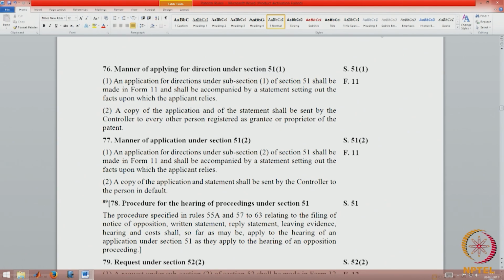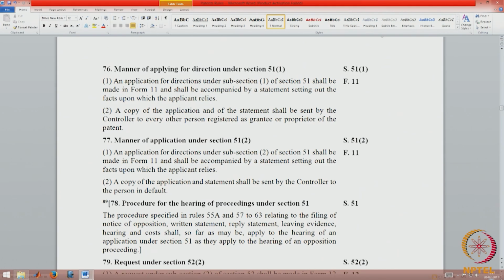In the earlier case, it will be sent to all the co-owners. In the latter case, it will only be sent to the person in default. We also saw that there is a hearing under subsection 3, and the hearing is governed by rule 78.